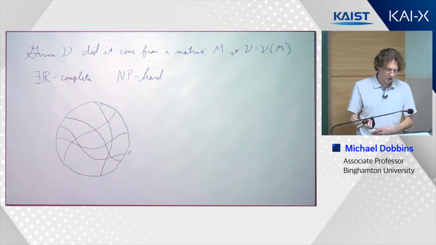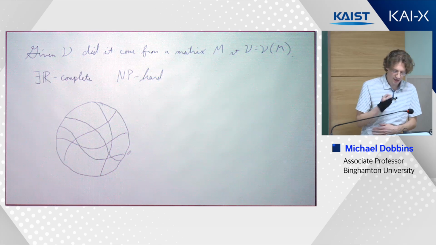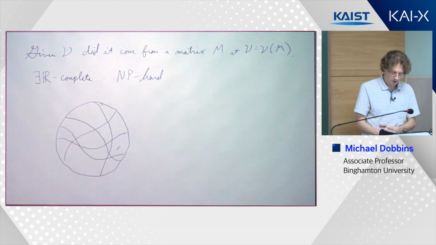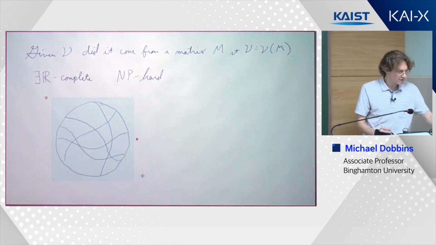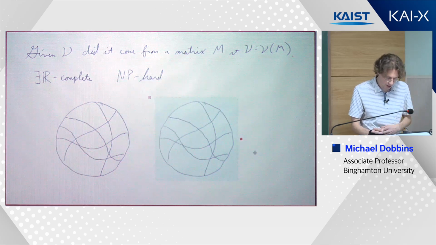You can look at all oriented matroids of a certain rank on a certain number of elements and define a poset relationship, the weak map, where things are lower in the poset if they're more degenerate.